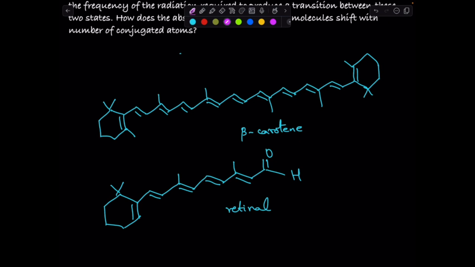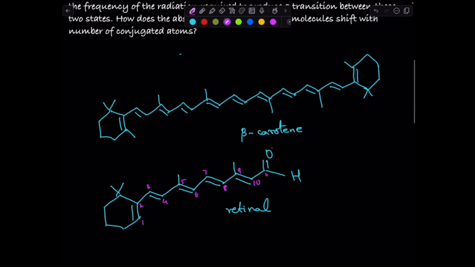If we count the number of conjugated atoms, we can start from here 1, 2, 3, 4, 5, 6, 7, 8, 9, 10, 11, 12. So there are 12 atoms involved in conjugation and there are 11 bonds.